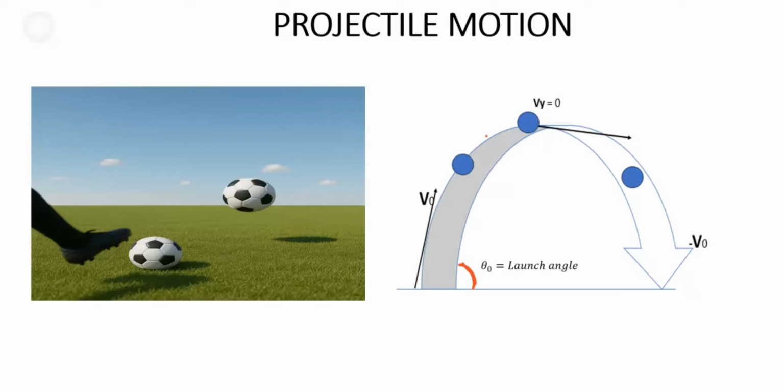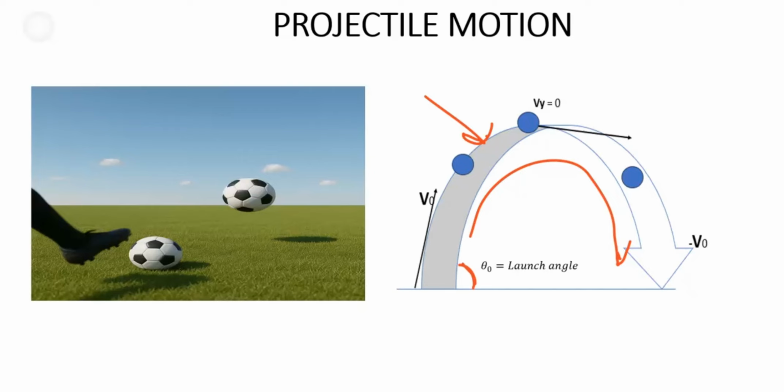This way, it travels in this form. It's not going on a straight line, it travels in this form. So this trajectory is called a parabolic trajectory.